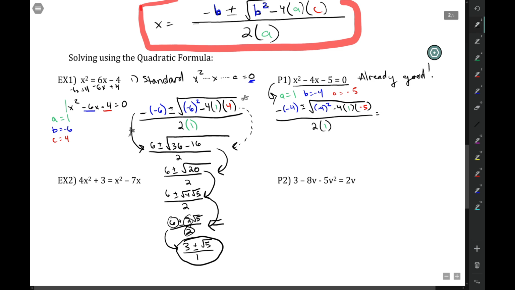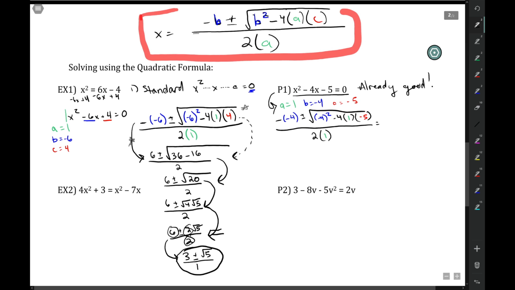Once you set it up, it's simplifying. So -4 is +4, plus or minus square root. -4 squared is 16, minus, let's see here, 4 times 1 times -5 gives you a -20. We'll see what happens there.